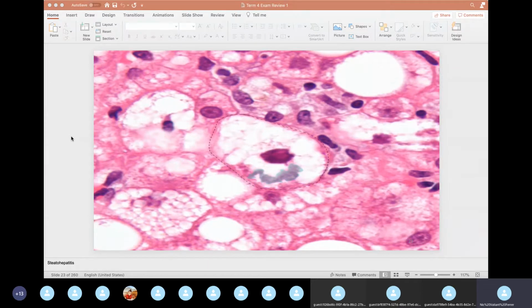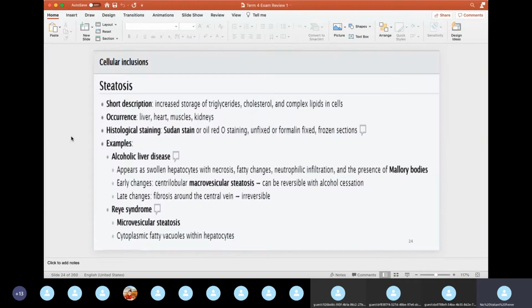So here, we're talking about intermediate filament clumping. This is actually a Mallory body, right? So this is steatohepatitis. What do I mean by steatohepatitis? You have an increased storage of your triglycerides and cholesterol and complex lipids in the cell. If you eat at McDonald's every day, guys, or Wendy's, you can have steatosis of your liver.